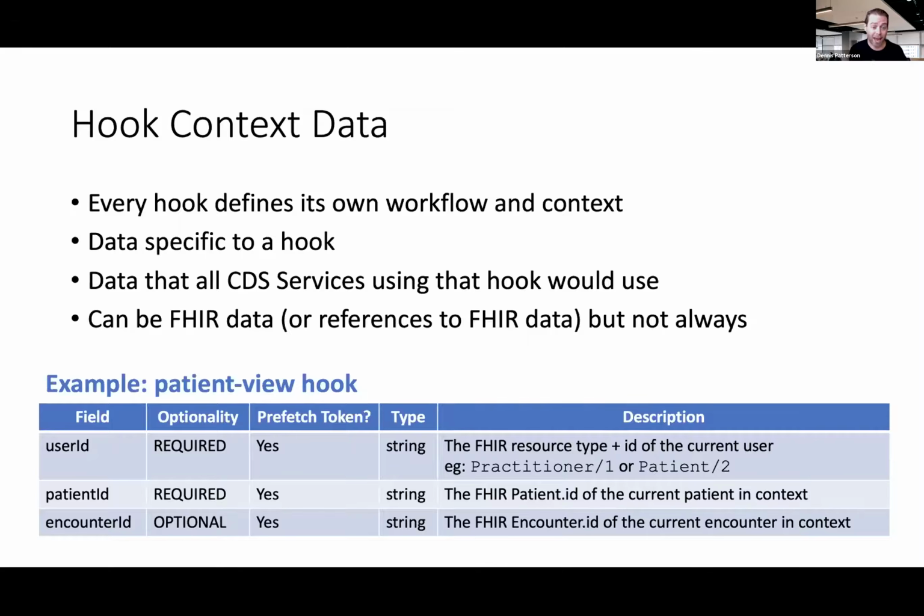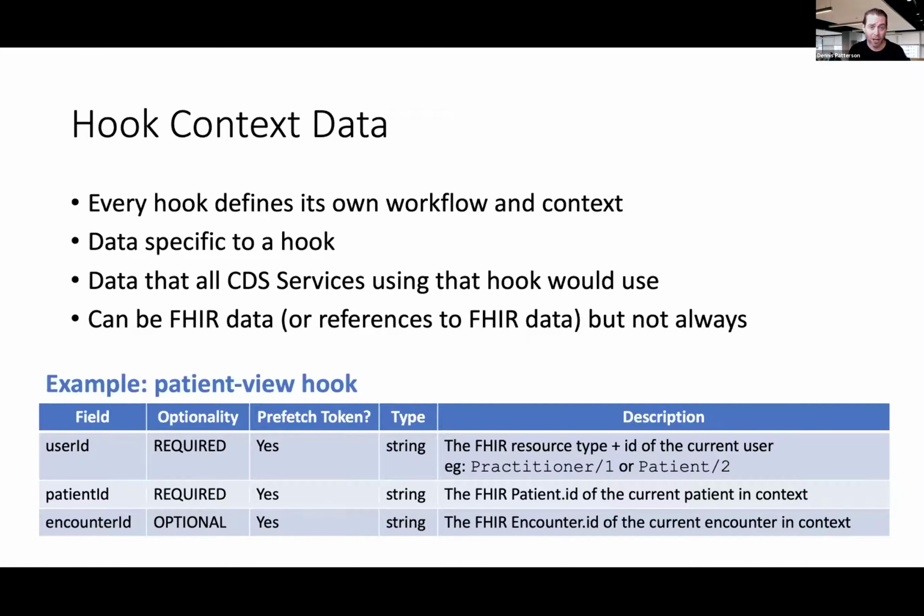The hook context data can be FHIR data or references to FHIR data, but that's not a requirement. It doesn't always have to be the case. Again, looking at this example, user ID is actually the resource type plus the ID, whereas patient ID is just the raw ID. And the reason for that difference is that with the user ID, you want to include the resource type because there could be different types of users.